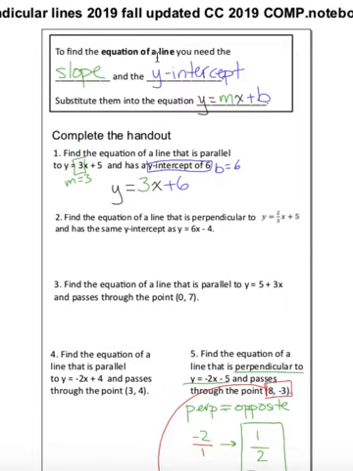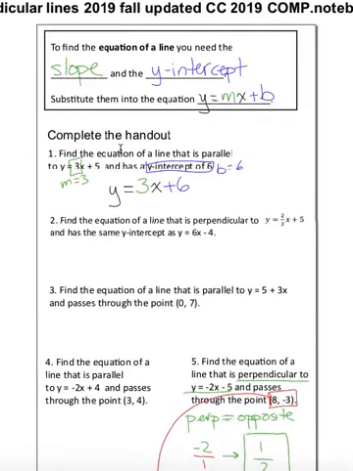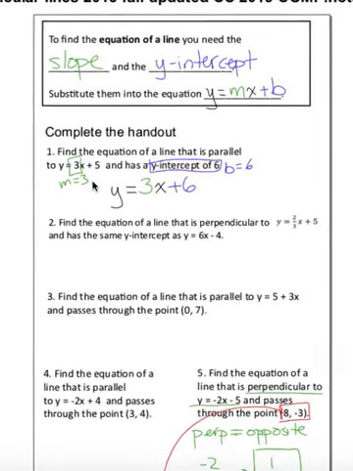To find the equation of a line, remember, we always need the slope and our y-intercept. So we're looking at y equals mx plus b. I'm just going to zoom in a little bit here.